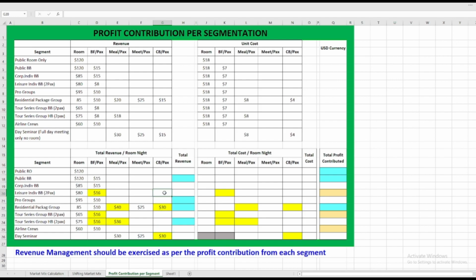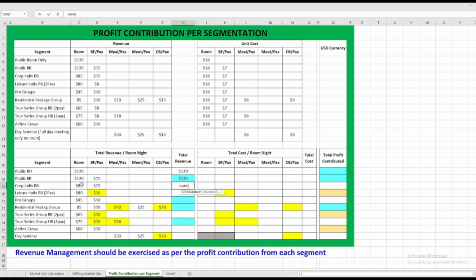Okay, let's calculate total revenue. Total revenue here means the sum. Room only is 120, the same. Let's calculate this one again: 135 total revenue for public bed and breakfast, so 120 plus 15 is 135.